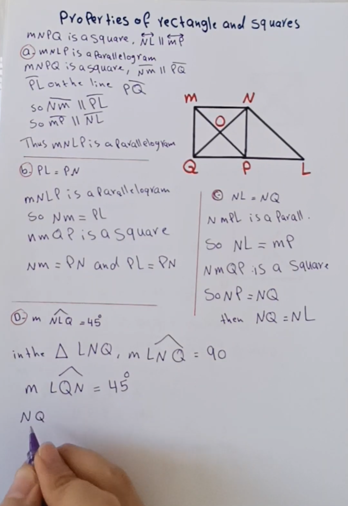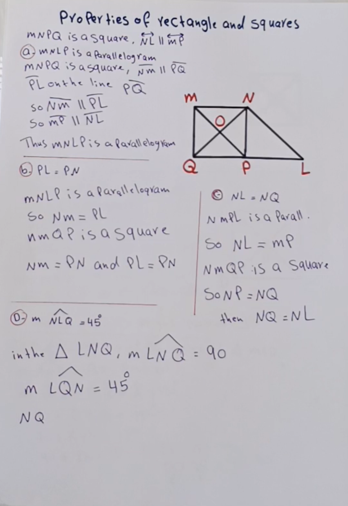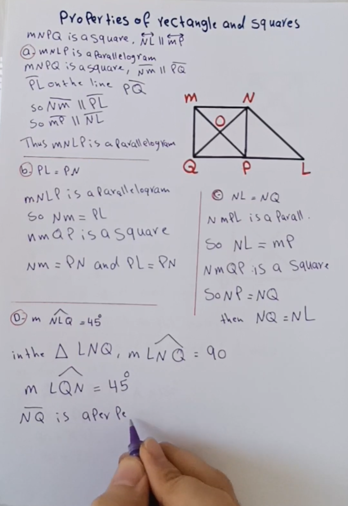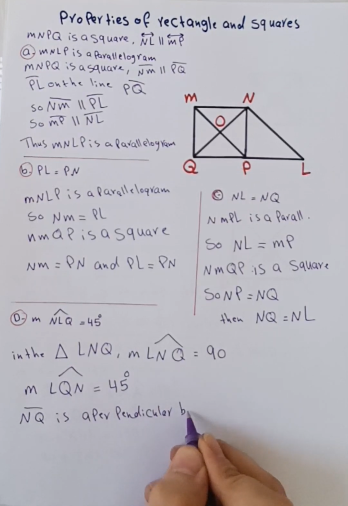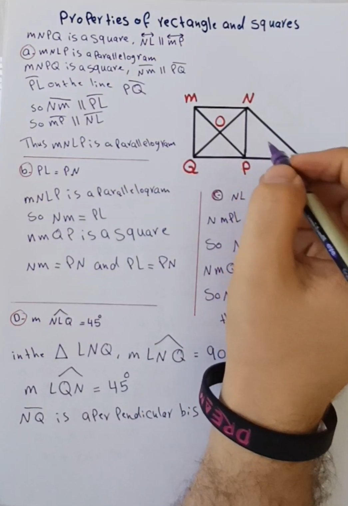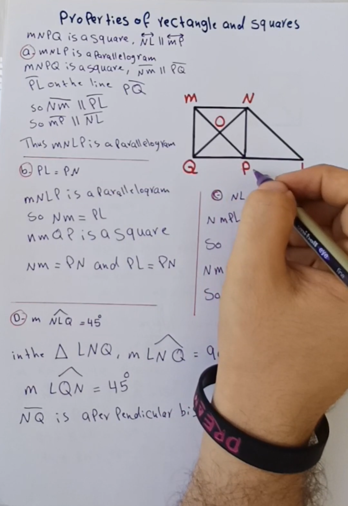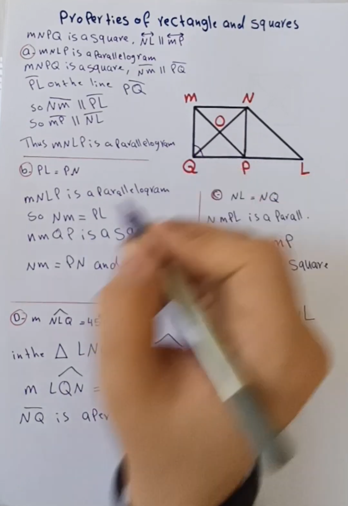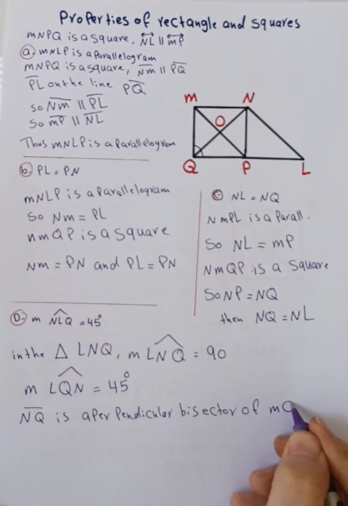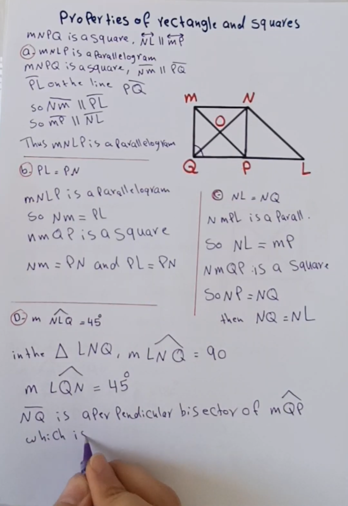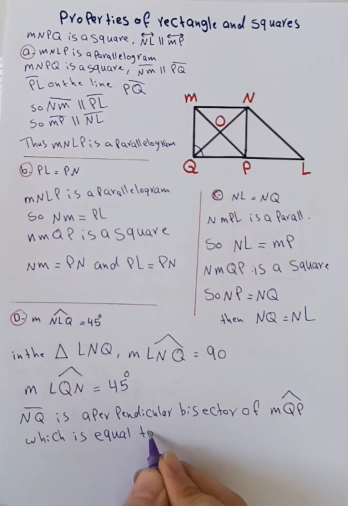NQ is a perpendicular bisector of angle MQP, the bisector of this angle MQP, which is equal to 90 degrees.